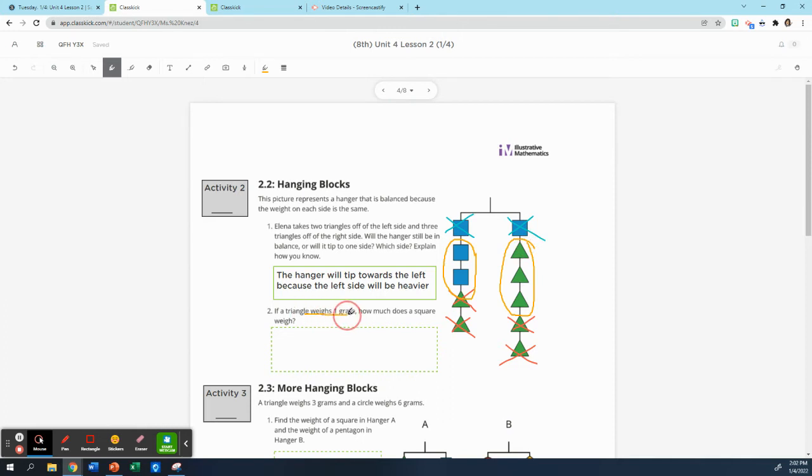Now, I know that a triangle weighs 1 gram, 1, 1, and 1, which means that everything that's inside the orange oval is 3 grams. And so the squares are 3 grams and the triangles are 3 grams, which means that if I split up 3 grams into 2 squares, each square weighs 1.5 grams.